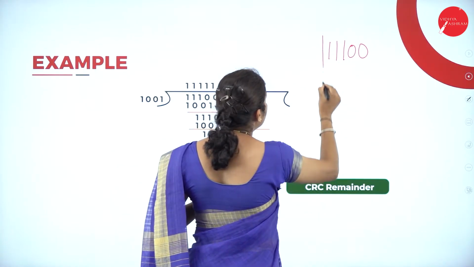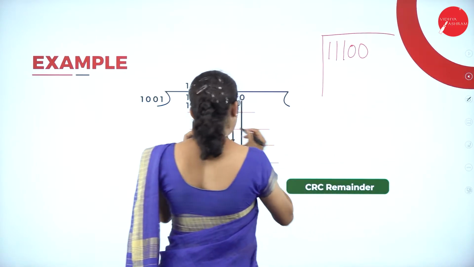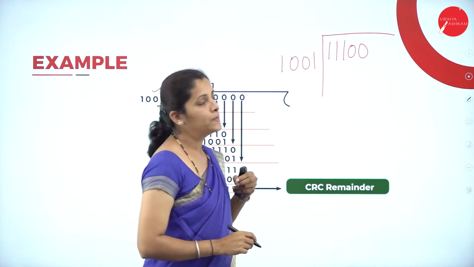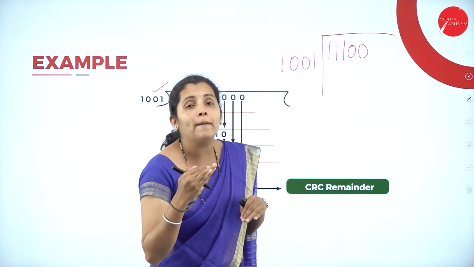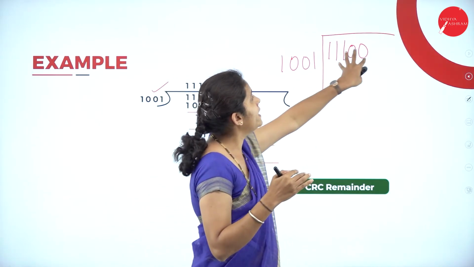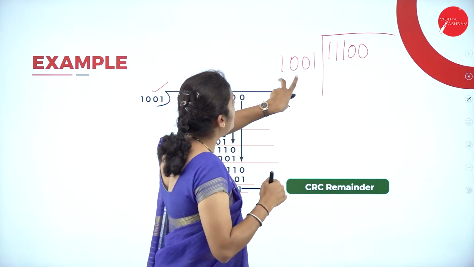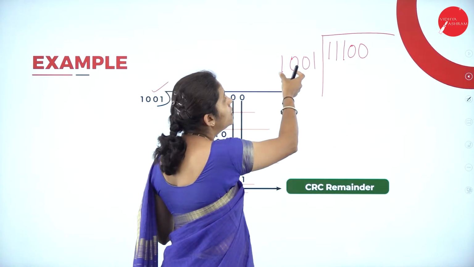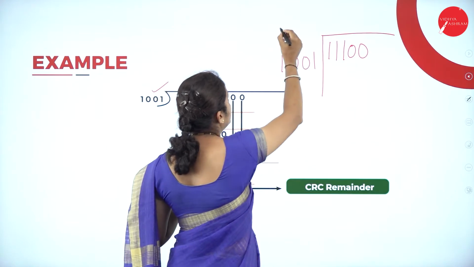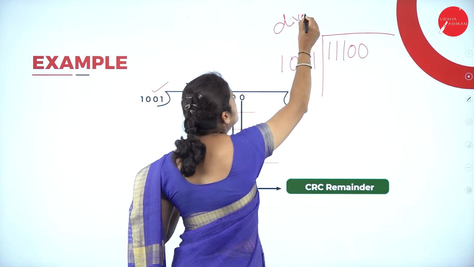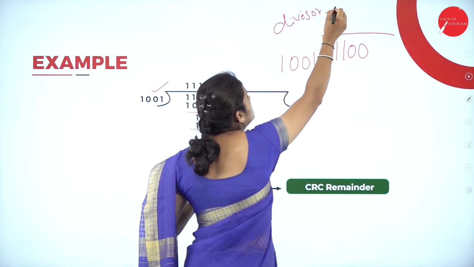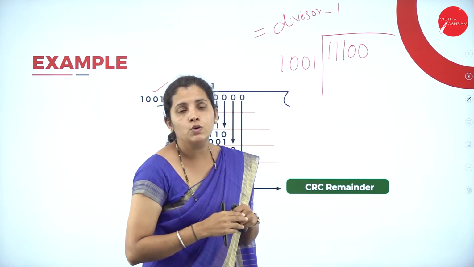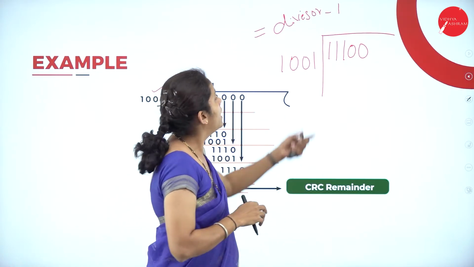What is my divisor here? It is 1001. Now I want to append zeros to my actual data bits. How do we find the number of 0s? It is calculated using the formula: divisor length minus 1 equals the total number of 0s you want to add to your actual data.